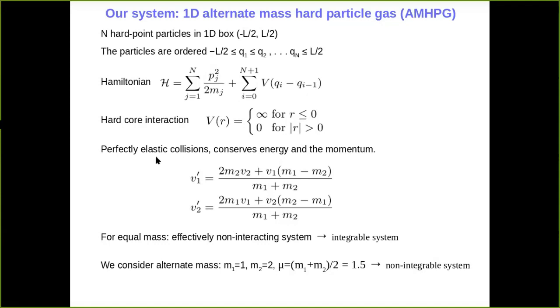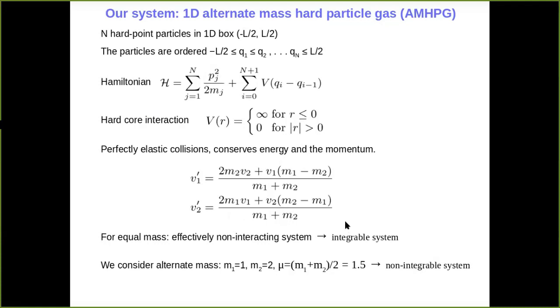They collide via perfectly elastic collisions which conserve energy and momentum, and after a collision the velocities of the two particles can be written by these equations. For equal mass, if you put m1 and m2 equal to m, v1 prime will be v2 and v2 prime will be v1. So they exchange velocity, and effectively they become non-interacting.